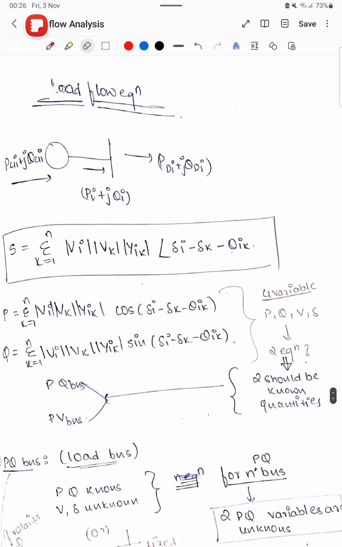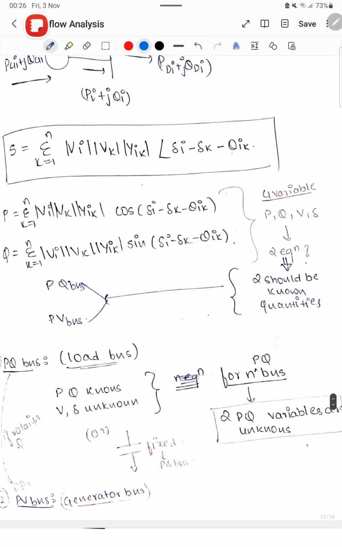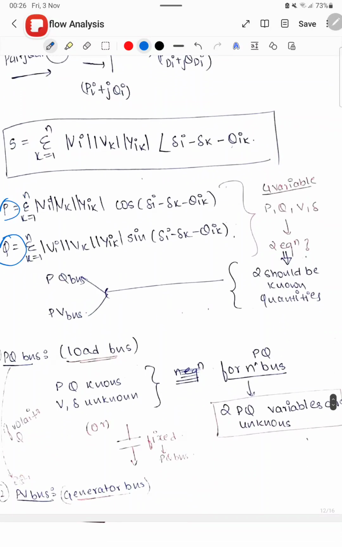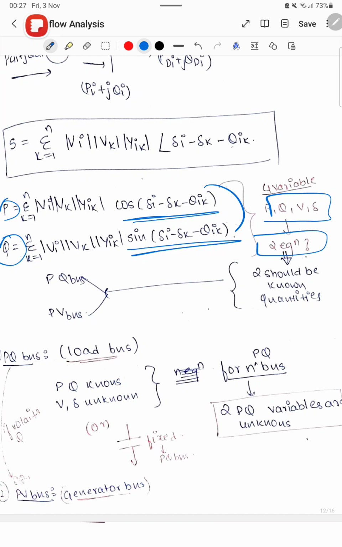Then comes the load flow equation. In this we'll be majorly talking about the P and Q equations in terms of delta and V. So here basically there are 4 variables and we have only P and Q equations. So 2 equations, 2 unknowns always. So to get unique, real solutions, we need to always have only 2 unknown variables, as there are only 2 equations.